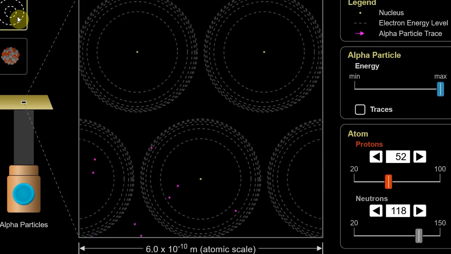So if we look at this, here is the planetary model. The little purple dots represent the alpha particles, and the little yellow dots represent the nucleus, and we can put some more in here. And you can see that we're still getting this deflection, which tells us two things. The nucleus is very dense, and it is positively charged.